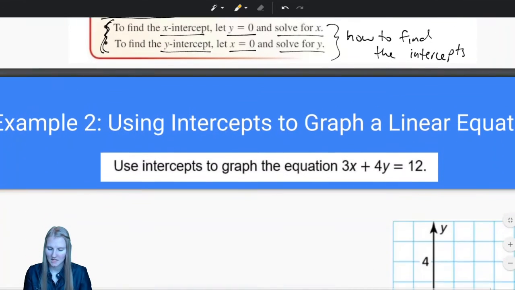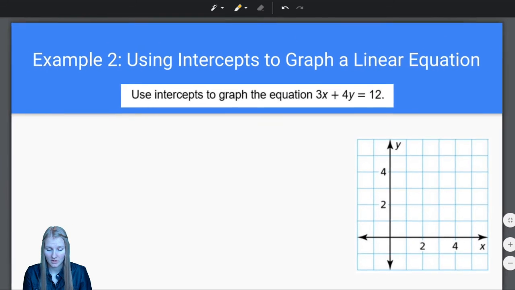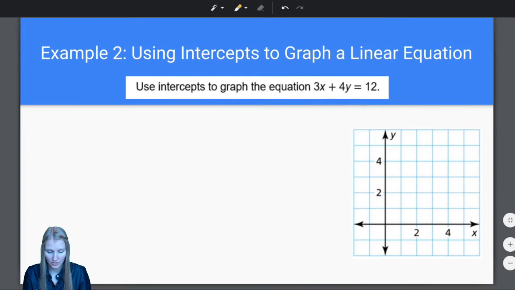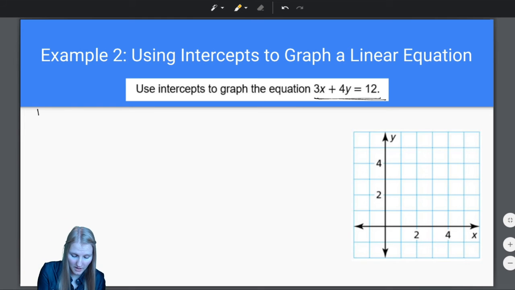All right. Now let's move on to our second example. We are going to use intercepts to graph 3x plus 4y equals 12. So remember, step 1, find the intercepts.